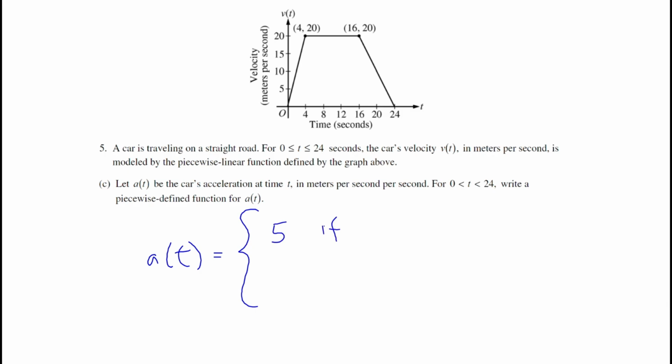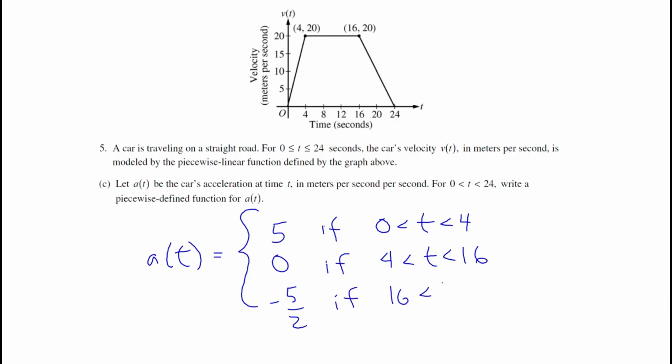So we'll say it's 5 if we have 0 to 4. And then it's 0 if we are on that horizontal piece, which is 4 to 16. And then we also found it to be negative 5 halves on the last piece. So that'll be 16 to 24.